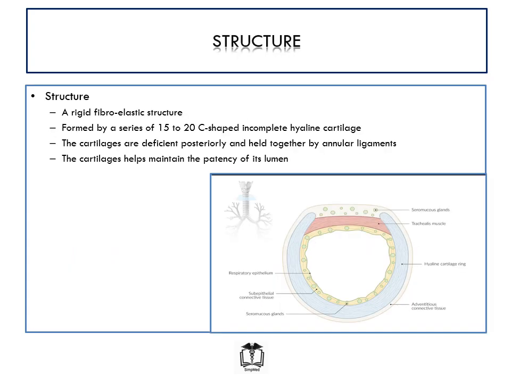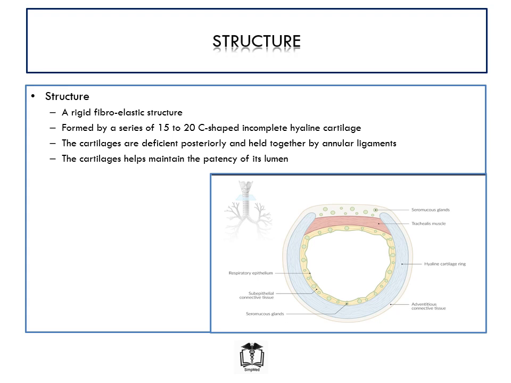In terms of the structure of the trachea, it is a rigid fibroelastic structure, and that word is very important: rigid fibroelastic. The reason why it is rigid and fibroelastic is because of the various components we find there, both anteriorly and posteriorly. The trachea is formed by a series of cartilages.